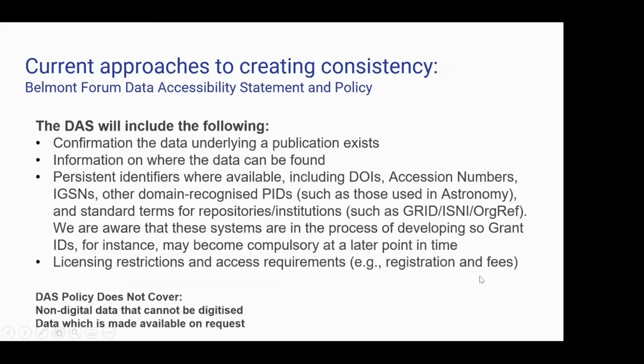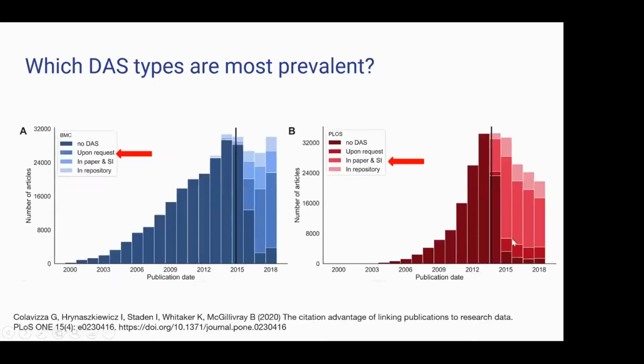The other one I wanted to point to is the Belmont Forum data accessibility statement and policy. This is a bit different. It's more about what a human should add to their data availability statement, saying it should do things like confirm that the data exists and include persistent identifiers, but it's not covering non-digital data, so data that can't be digitized or isn't digital, or data made available on request.